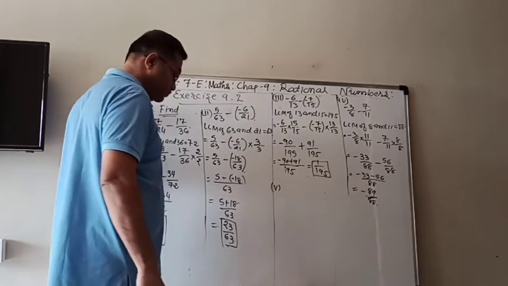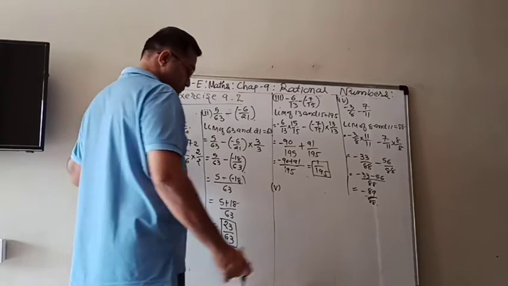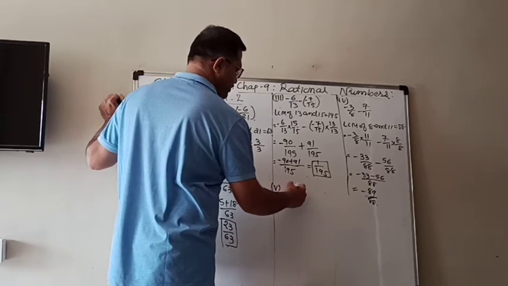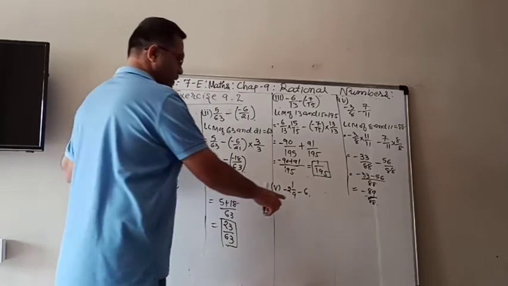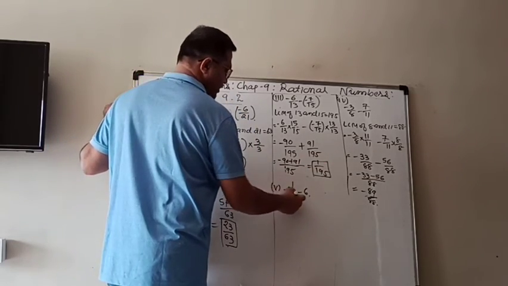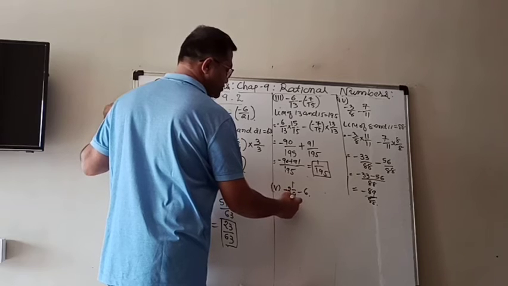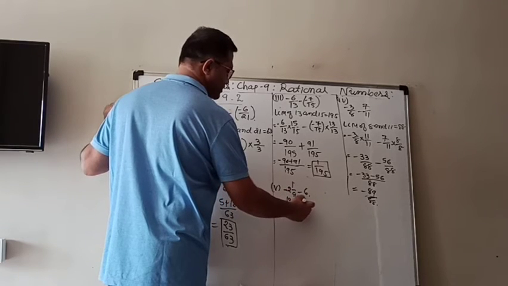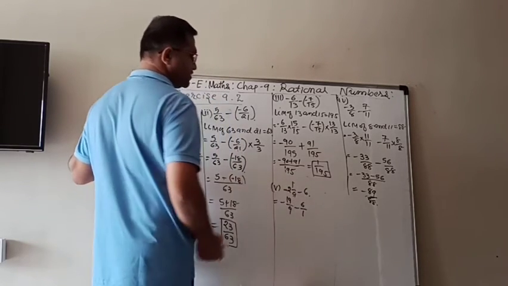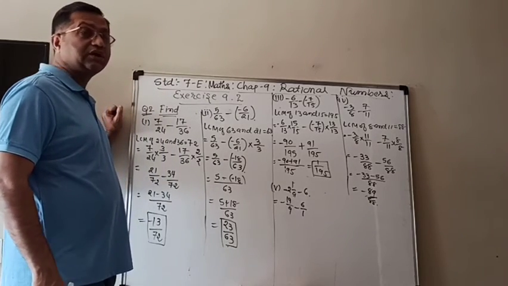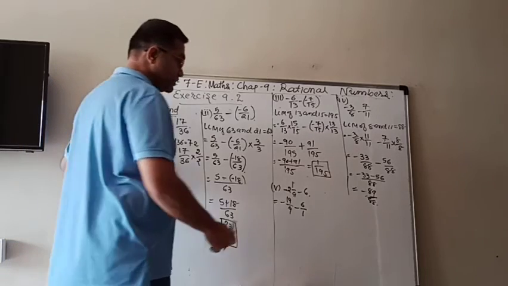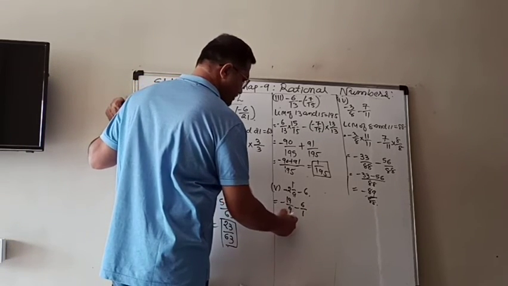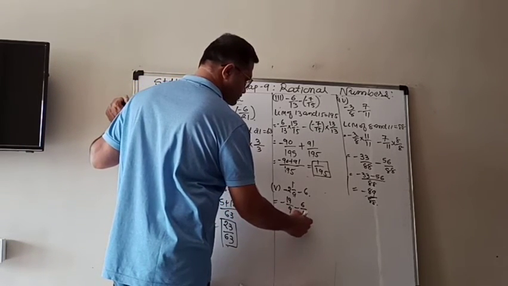The last, fifth one: minus 2 integer 1 upon 9 minus 6. Converting it, 9 2s are 18 plus 1, 19. So minus 19 upon 9 minus 6 upon 1, for our convenience because it does not have any denominator. So the LCM will be 9.